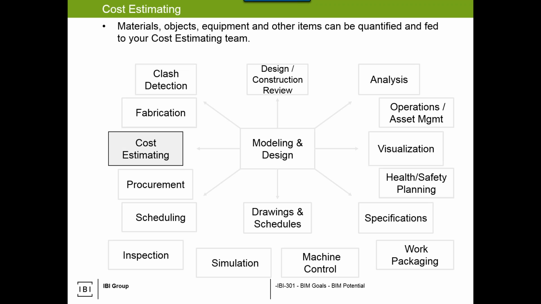Cost estimating, I would almost say that it's almost been a misconception in that BIM will do the cost estimate. The use is facilitation of cost estimates based on quantities derived from the model. So that's, I think, a very critical piece. The dependence there is you're modeling intelligently.